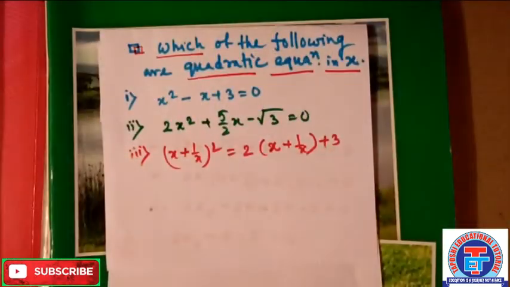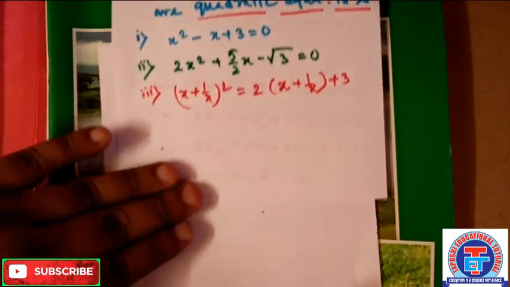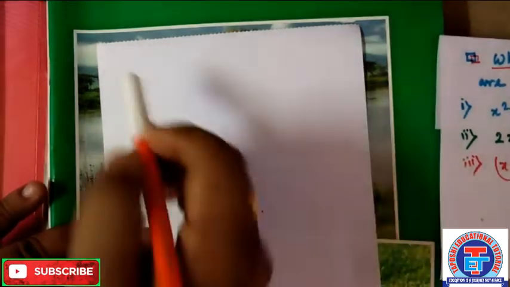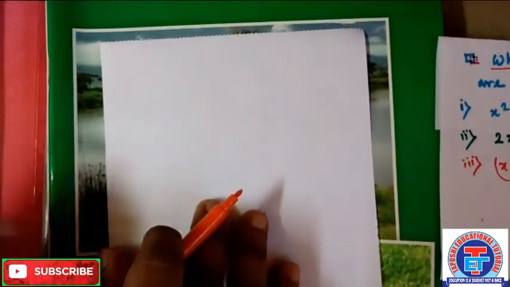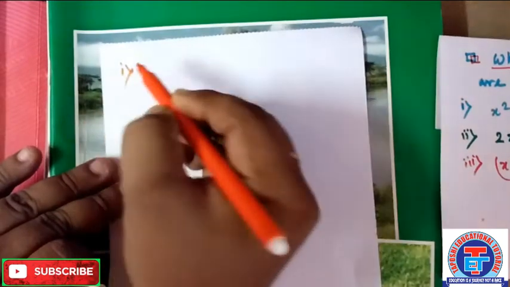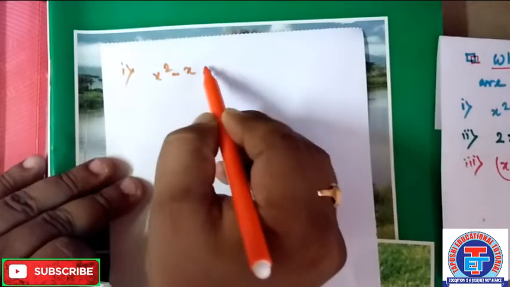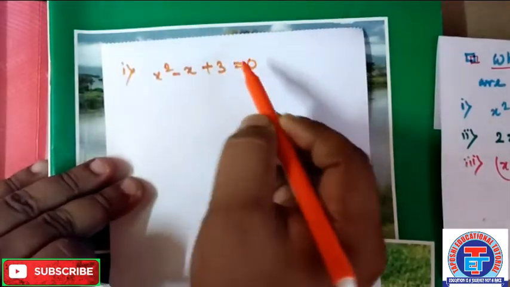Right, student? Now my dear student, here is a given problem: which of the following are quadratic equations in x. So the solution is here. Number 1 we solve here. Let's see how to solve one by one. Number 1 is given here: x square minus x plus 3 is equal to 0.